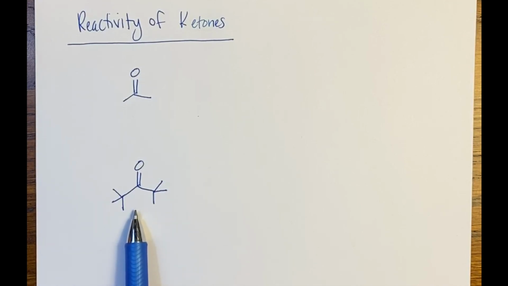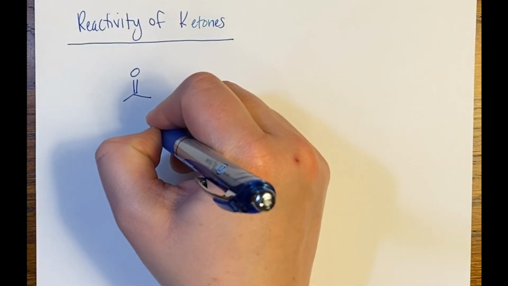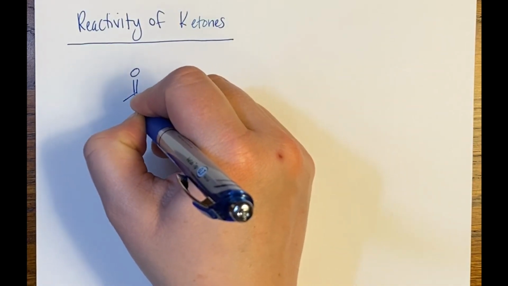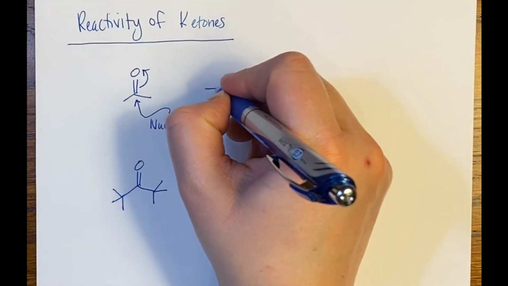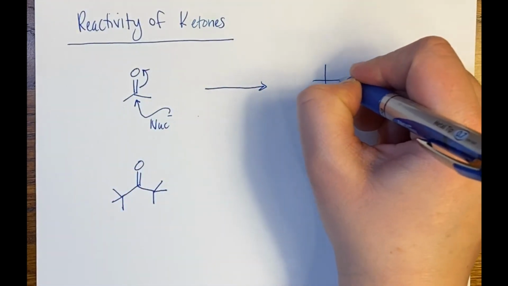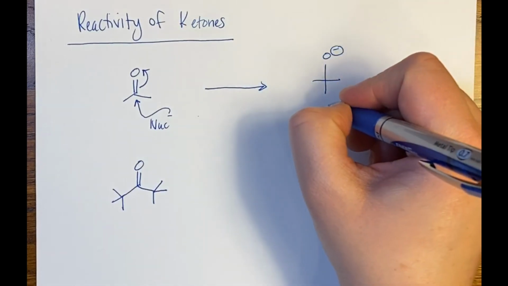But the steric hindrance is really going to come into effect when we go from this sp2 hybridized carbon of the carbonyl to the sp3 hybridized carbon. Because if I have a nucleophile come in and attack at that carbon, pushing the electrons up to the oxygen, I'm going to get to my tetrahedral intermediate, which looks like this.